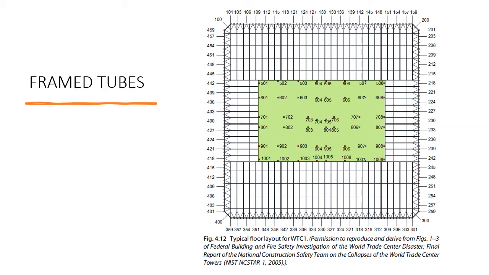As we can observe, in the exterior part, we have very closely and tightly packed columns, whereas in the core, we have a spacious distance between the columns.